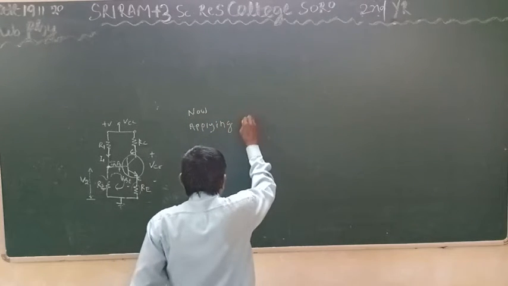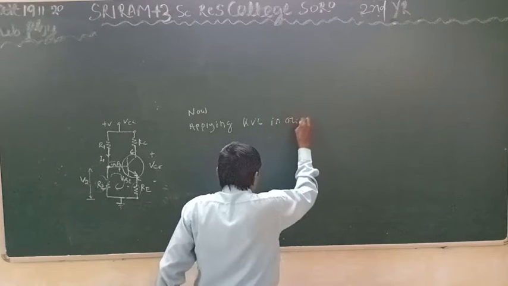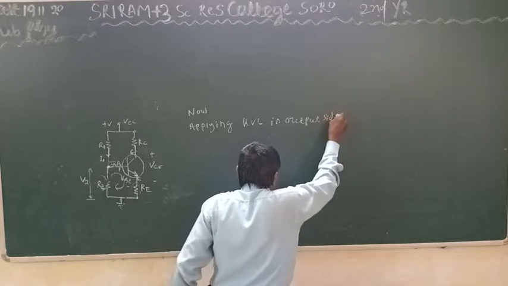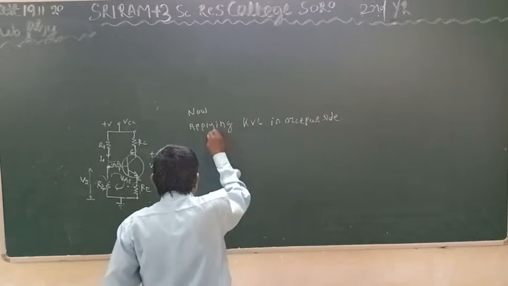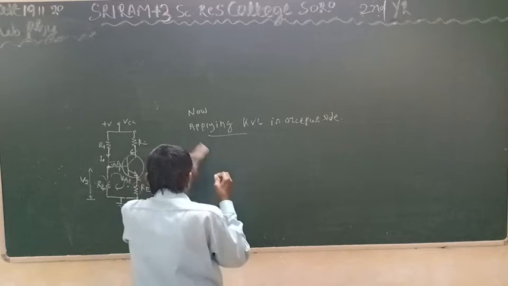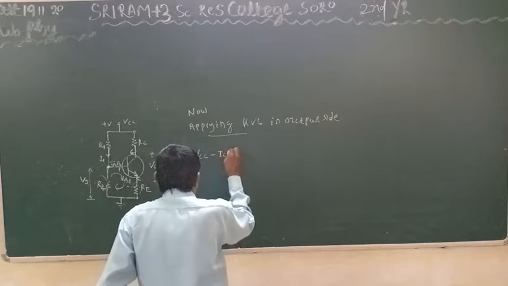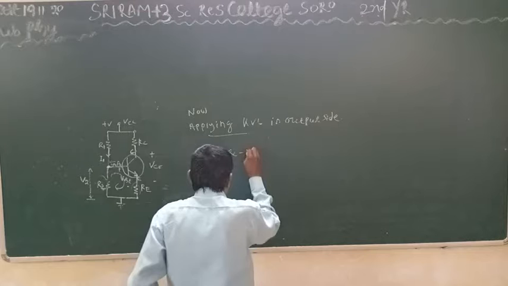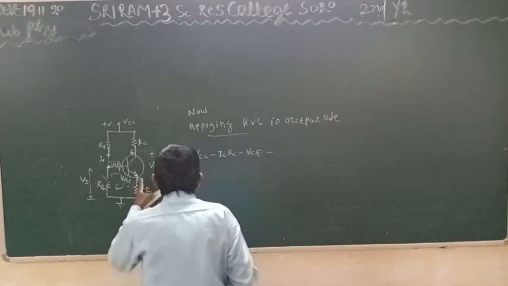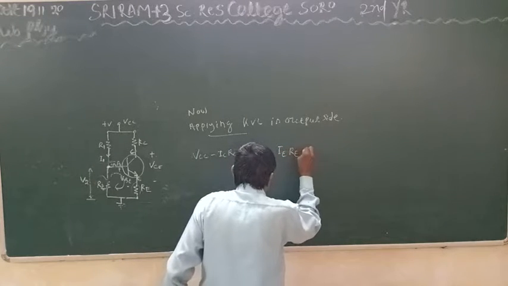Applying Kirchhoff's voltage law in the output side, VCC minus ICRC minus VCE minus IERE equal to 0.